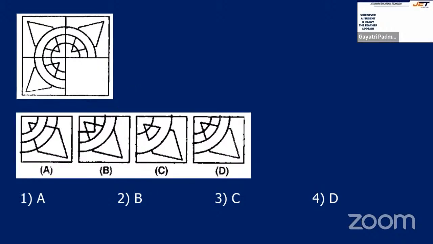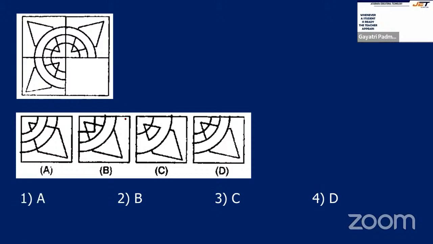All right, let's move on to the next question. Which would be the best fit? Is it option A, option B, option C, or option 1, 2, 3, or 4? Okay. Yes. So this cannot be the answer.